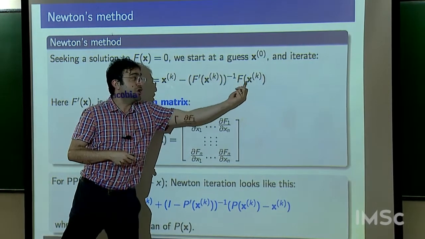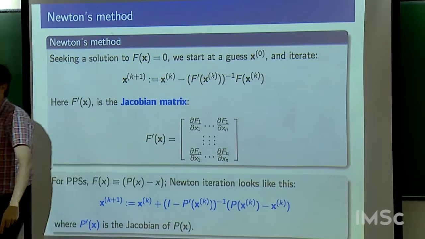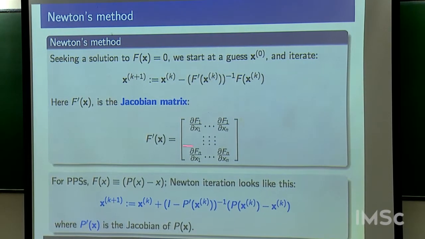And this is just the function evaluated at the previous iterate. Now, you might say, wait a second, is this iteration even defined in general? Indeed, it's not always defined. But for the monotone polynomial systems of equations that we're addressing, it turns out everything's going to work.